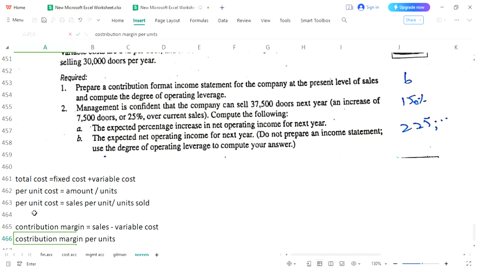The same formula can be used with the additional words per unit: per unit sales minus per unit variable cost.